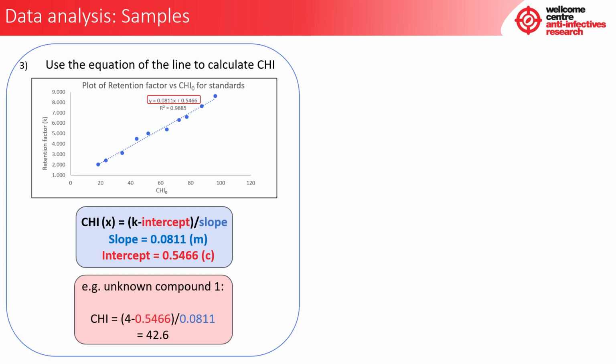Now for unknown compound 1, chi equals retention factor, which was previously calculated as 4, minus our intercept at 0.5466, divided by the slope, which is 0.0811. This gives a chi value of 42.6. Now do the same for all other compounds.